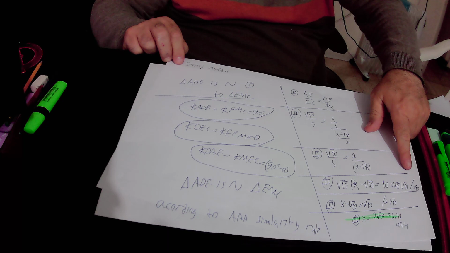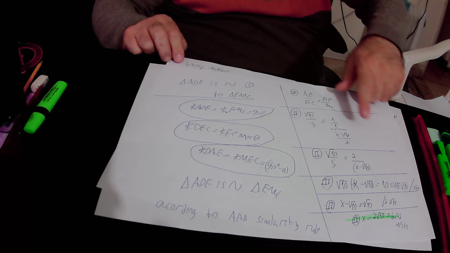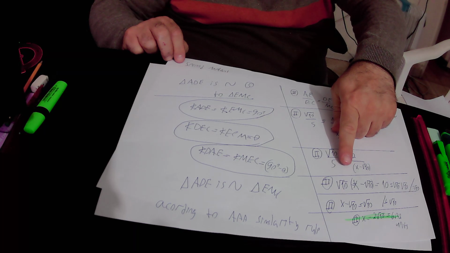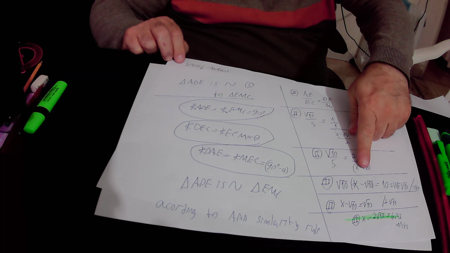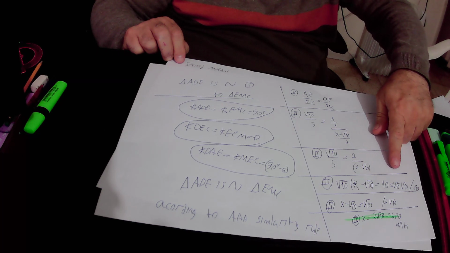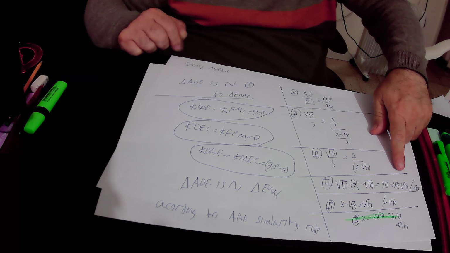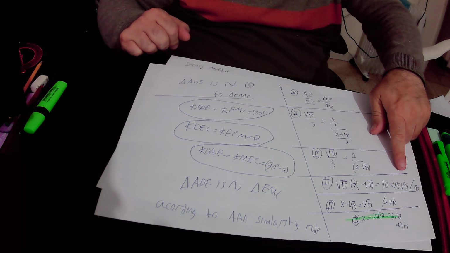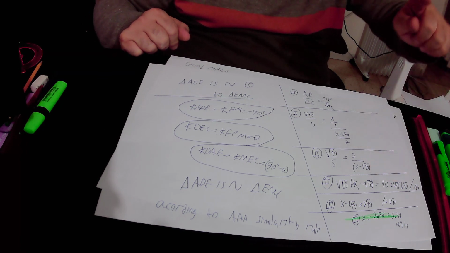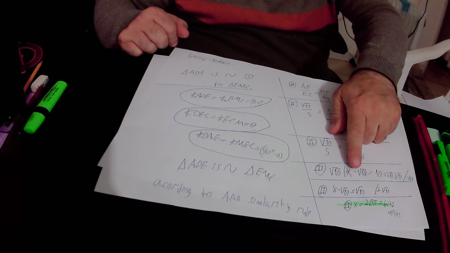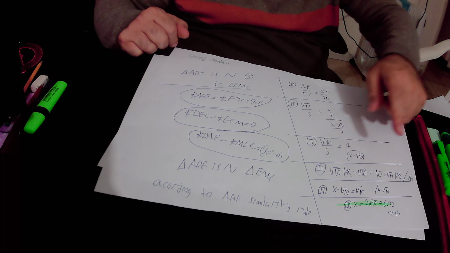Then we divide by square root of 10, so we are left only with x minus square root of 10 on one side, and square root of 10 on the other. So we got x minus square root of 10 equals square root of 10.